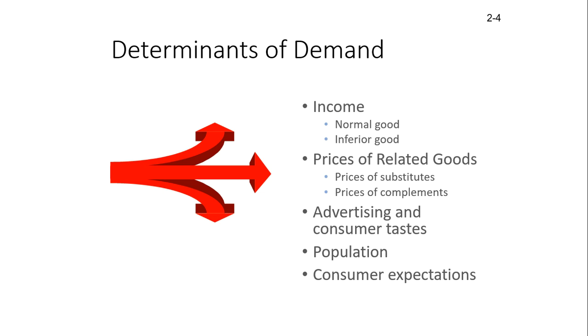Or as an example, brown sugar and white sugar. You can easily substitute these two. Okay? You go to ShopRite to find that the price of white sugar has gone up. You go for brown sugar. If you go there, you find that the price of brown sugar has gone up, you go for the other one. So you can easily substitute these two goods. So that is how prices, in this case, affect demand.